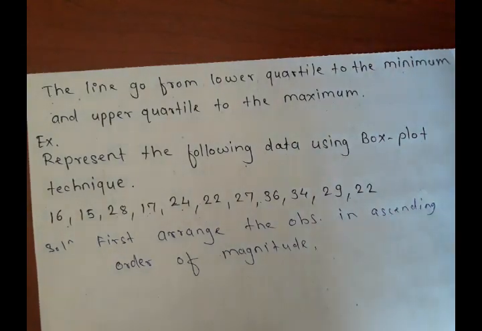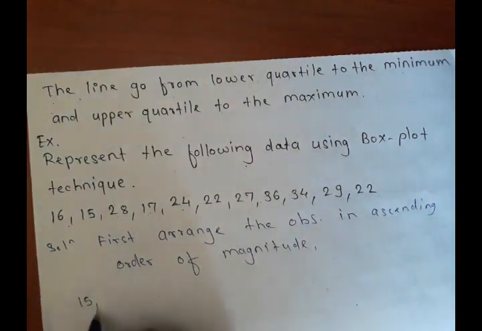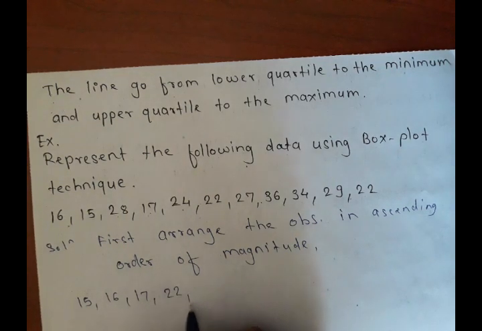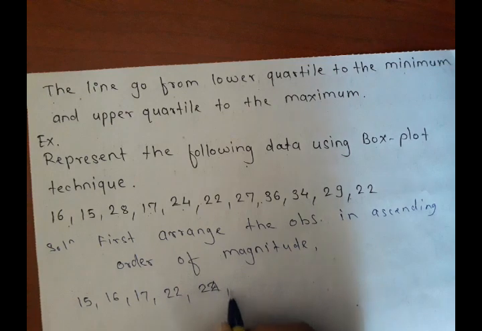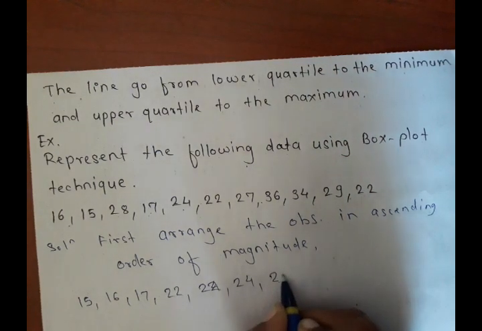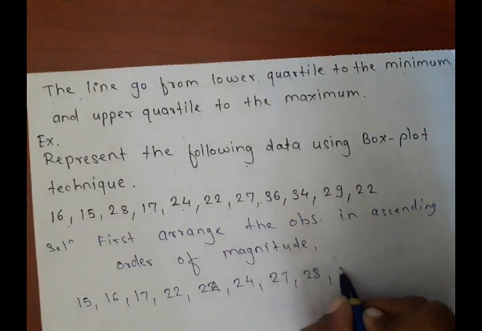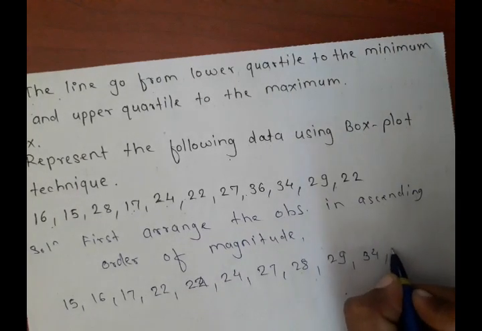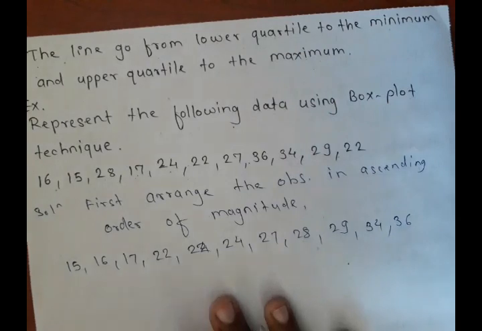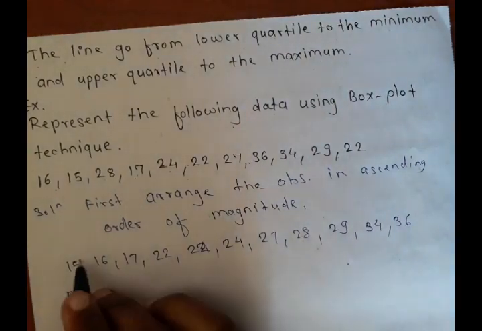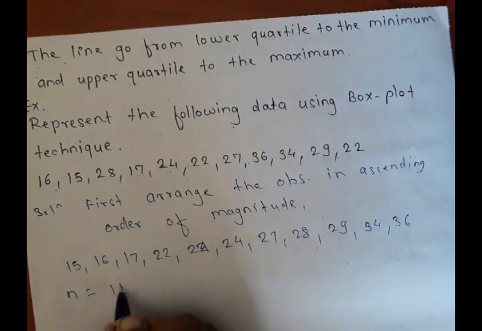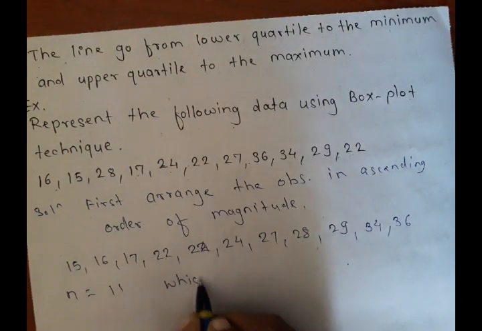So first number is 15, next is 16, 17, 22, 22, 24, 27, 28, 29, 34 and last is the 36. So here n is equal to 11, which is odd.